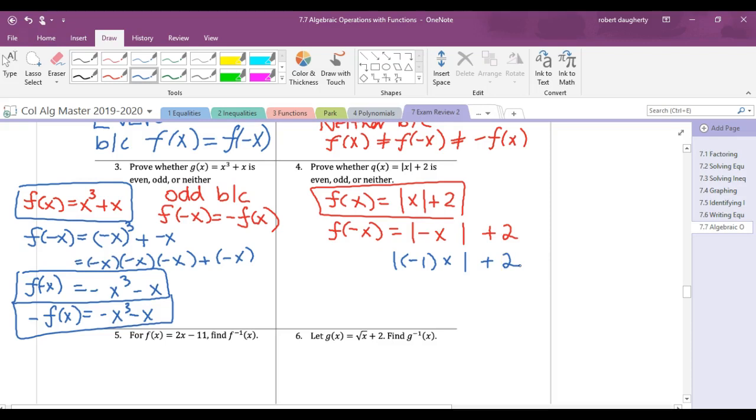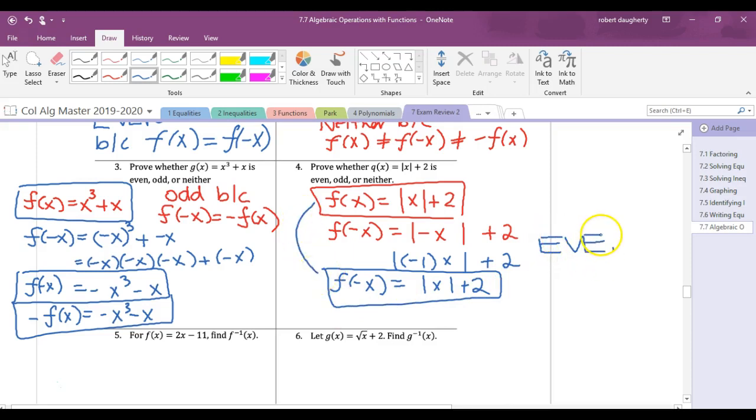Absolute value of negative 1 is 1. This simplifies down to f of negative x is equal to absolute value of x plus 2. And boom, these two match. This is an even function. It is even because f of x equals f of negative x.